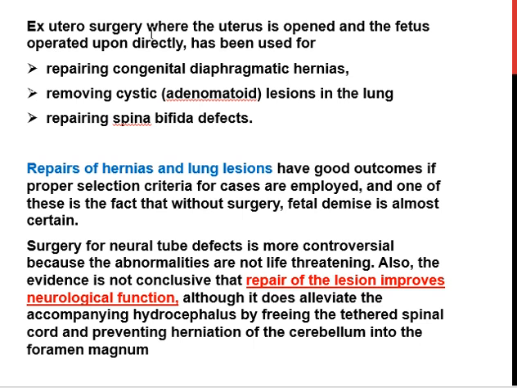Ex utero surgery, where the uterus is opened and the fetus operated upon directly, has been used for repairing congenital diaphragmatic hernias, removing cystic lesions in the lung, repairing spina bifida defects. Repairs of hernias and lung lesions have good outcome if proper selection criteria for cases are applied, and one of these is the fact that without surgery, fetal demise is almost certain.